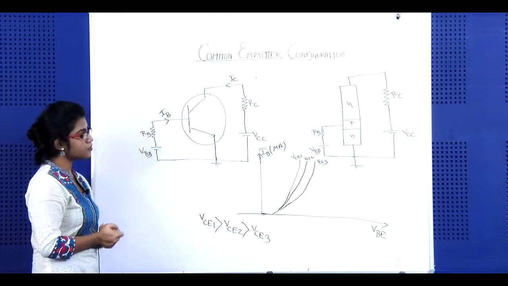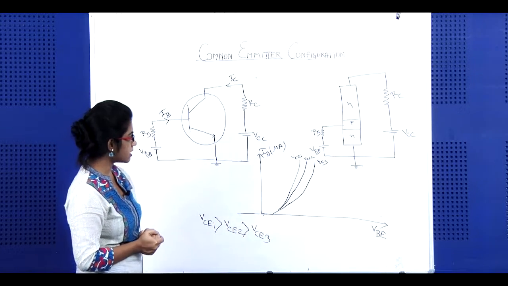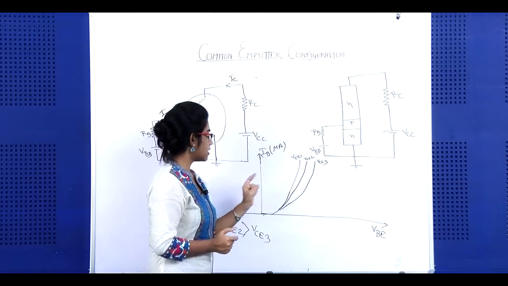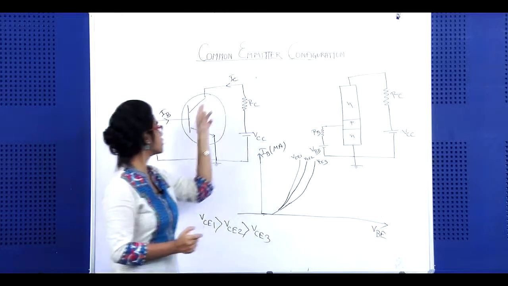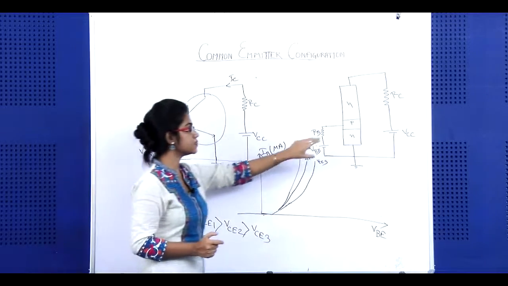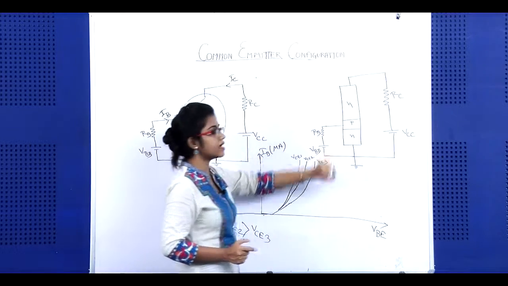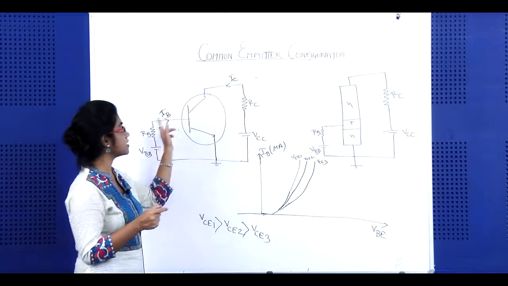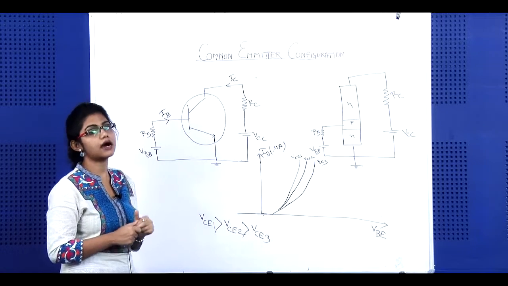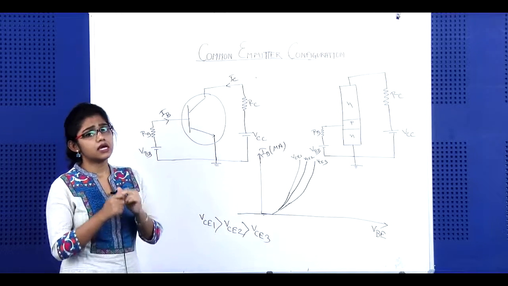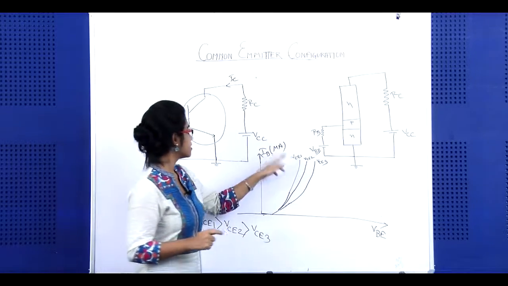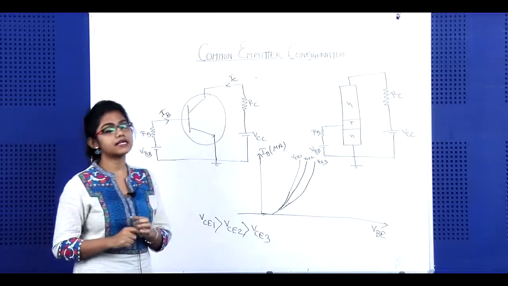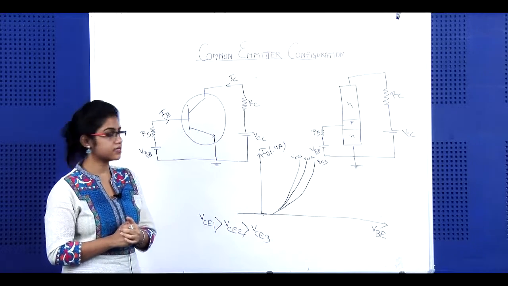For the input circuit, when the first PN junction diode is in forward bias, the input current IB will be a normal diode current, measured in the microampere range.